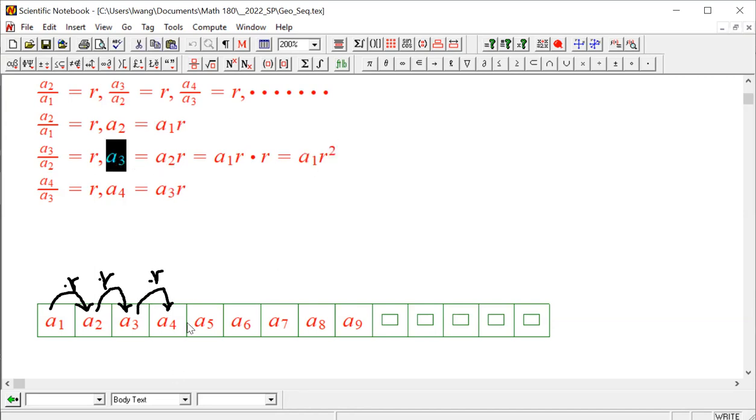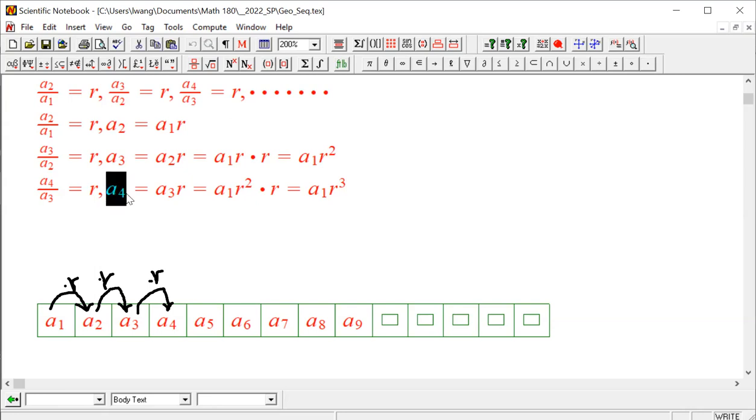To get a sub 4, we can replace a sub 3, which is a sub 1 r squared, and then multiply by the r that was here. This way we'll get a sub 1 multiplied by r raised to the power 3.